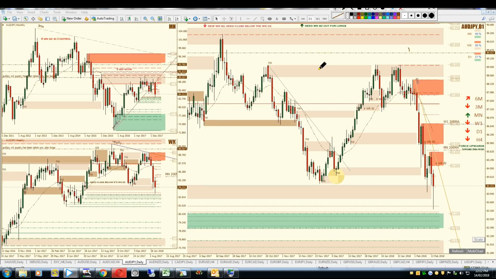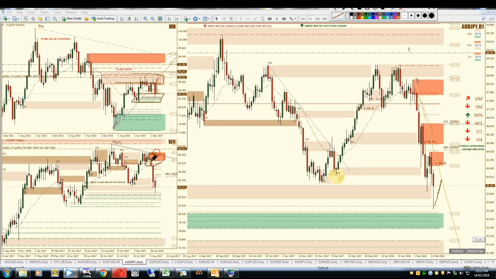So we have monthly area of supply in control. That's why we're seeing this pressure here. We got some supply here, but we are reacting from a monthly bullish engulf. That's why we're seeing this push up here. Need weekly supply zone out for longs. That's right.